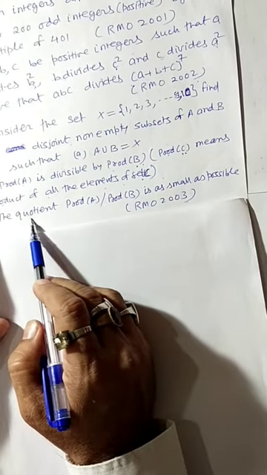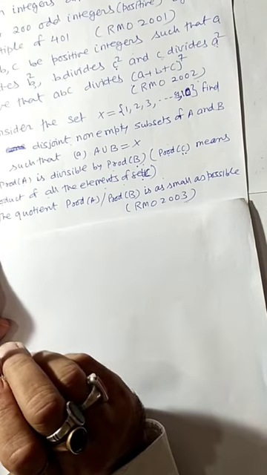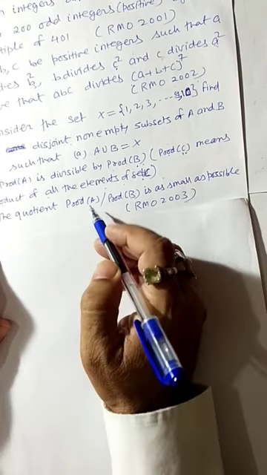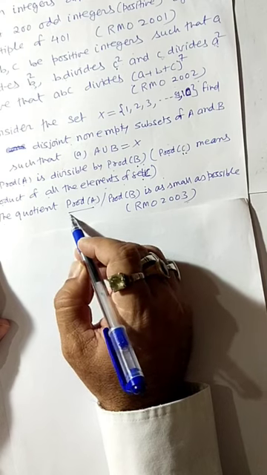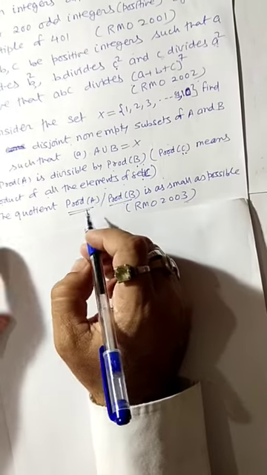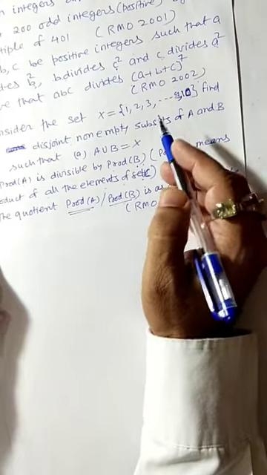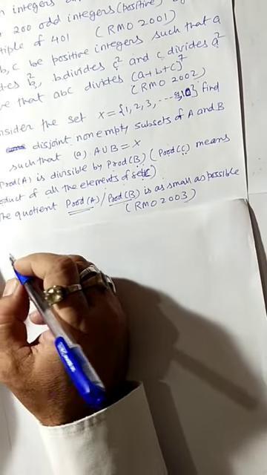One more thing is that the quotient of product A by product B should be as small as possible. What can we do here? Come to the steps. Basically we look at the prime factors.